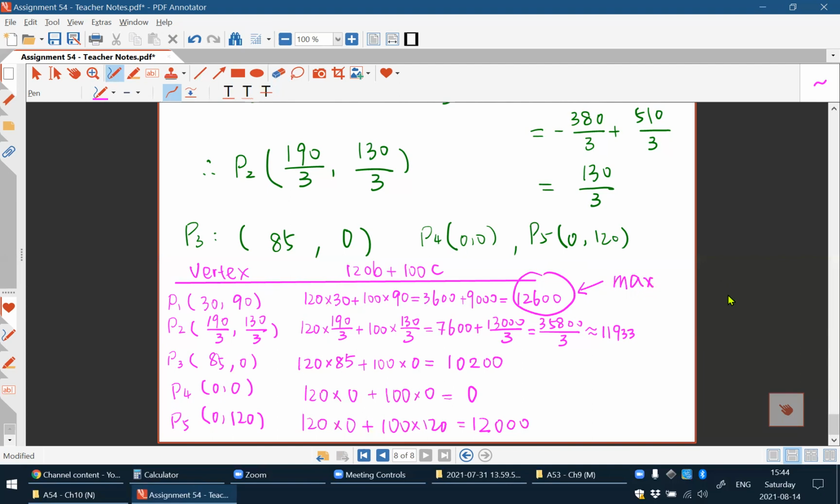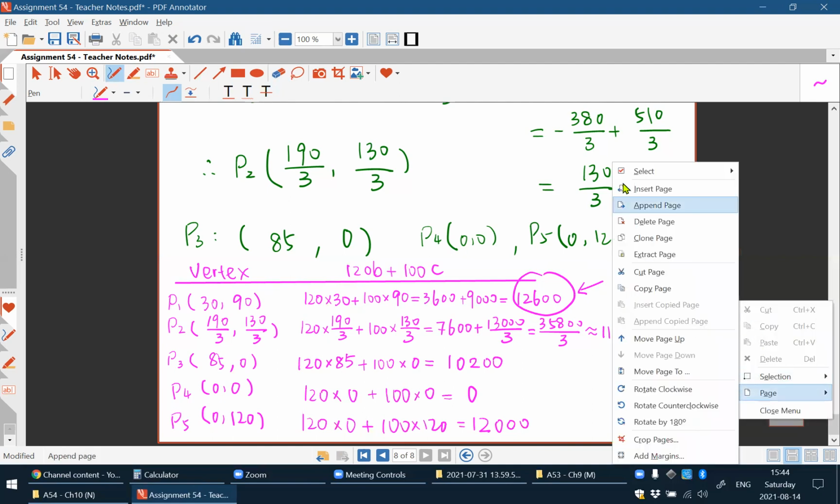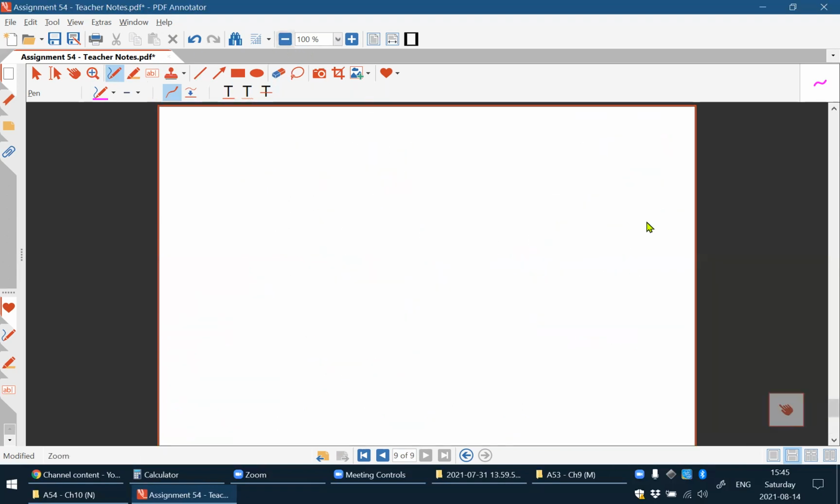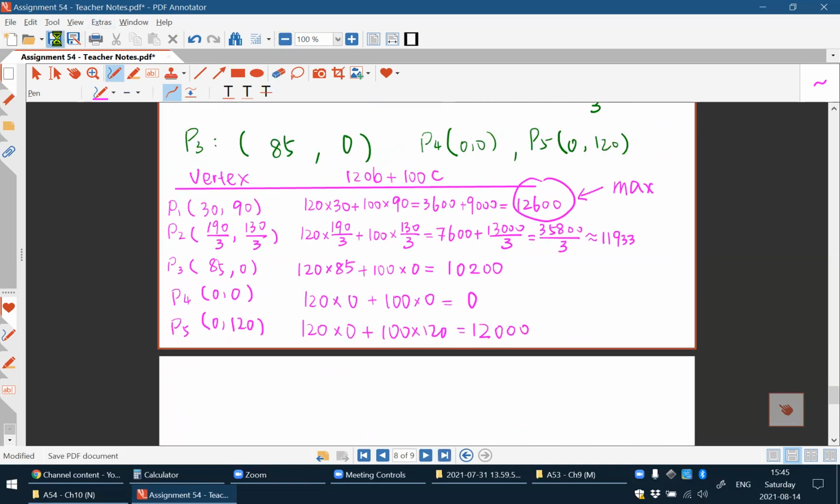So now how can you make the conclusion? How can we make the conclusion?